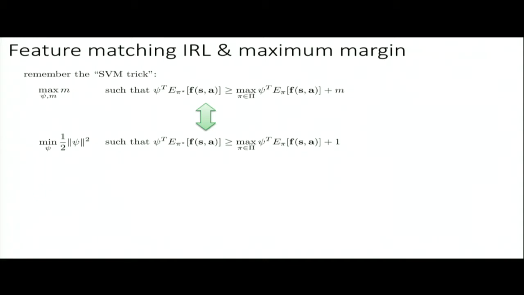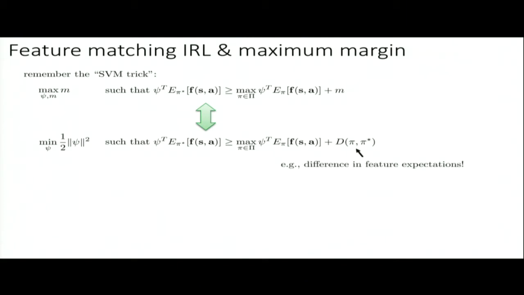We can just say this 1 is going to become a measure of distance between pi and pi star. So we say we want the expert's policy to have a reward greater than or equal to the reward of the best policy with respect to the reward, plus some discrepancy measure that measures how different that policy is from pi star.